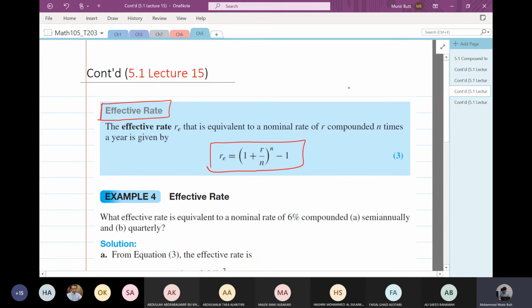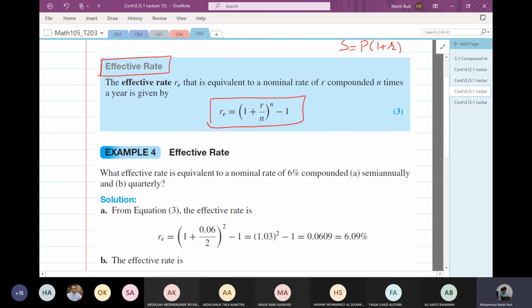Since the formula was S is equal to P(1 plus R)^n, then we manipulate something and we come up with this formula. So this is what is called the effective rate: (1 plus R over n)^n minus 1. Just put this in the formula and you will get the answer.